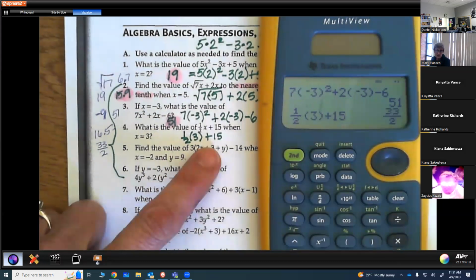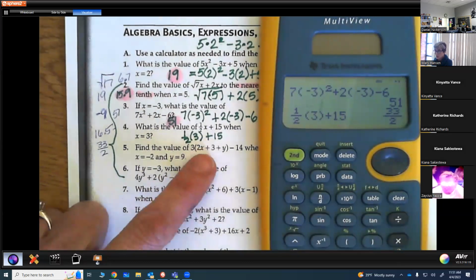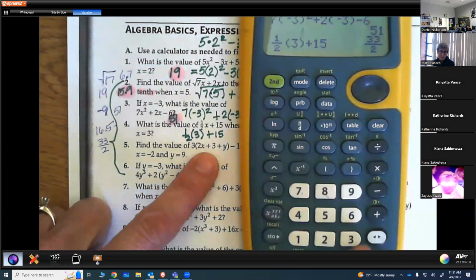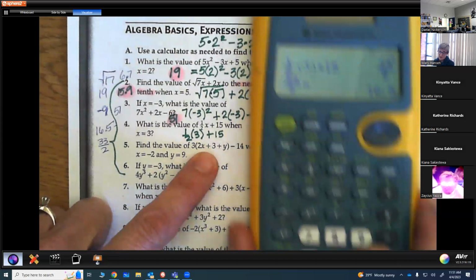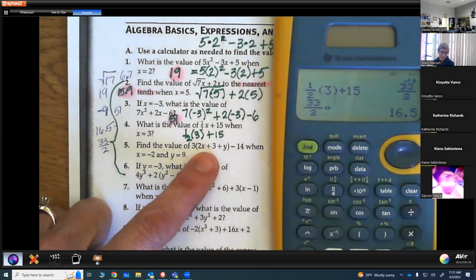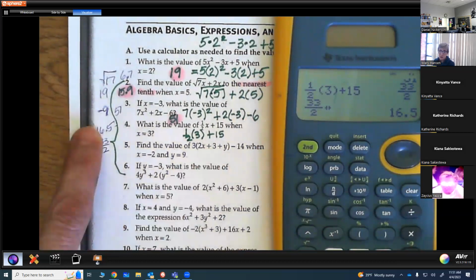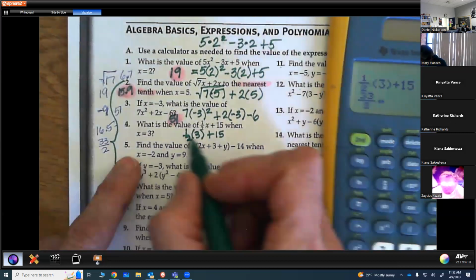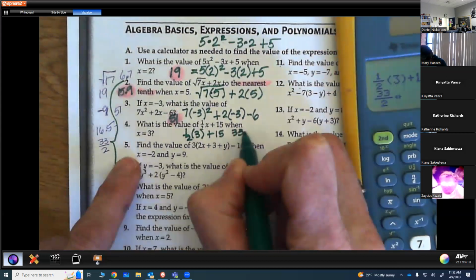And the calculator says 33/2, but I want to show you something. If I hit that double arrow key, it is also 16.5. 33/2 and 16.5 are equivalent. Both answers are correct. And so either one would be a correct answer.